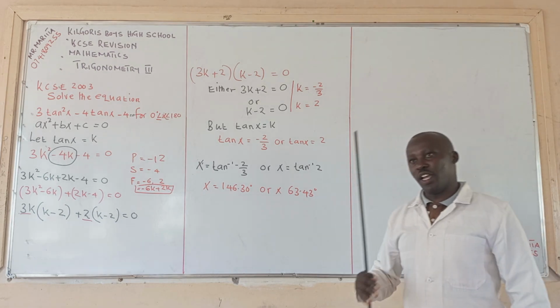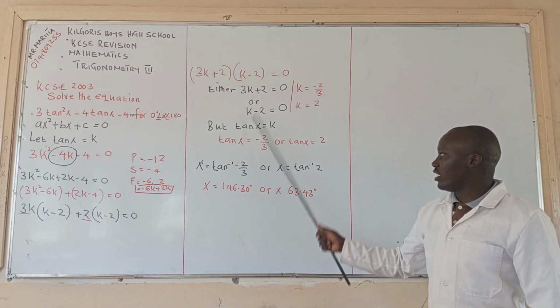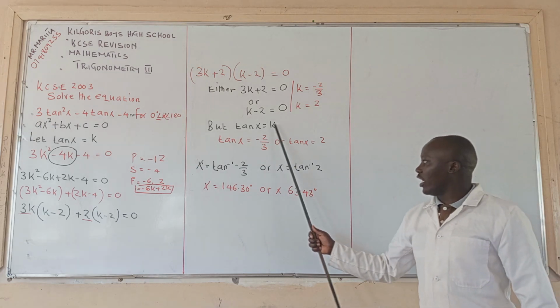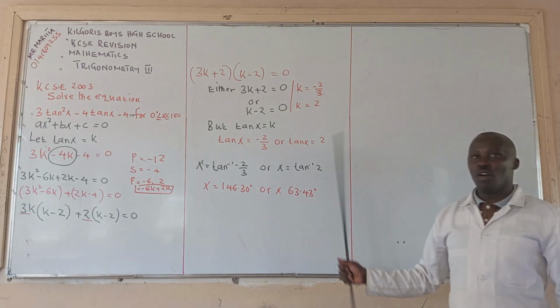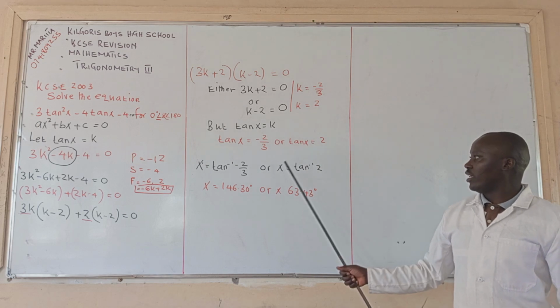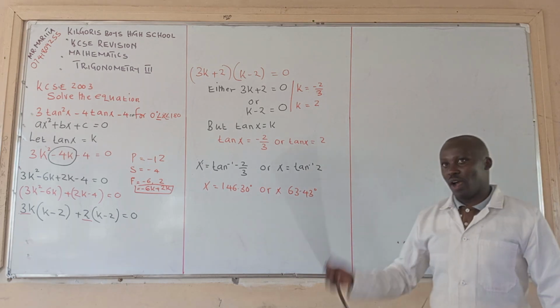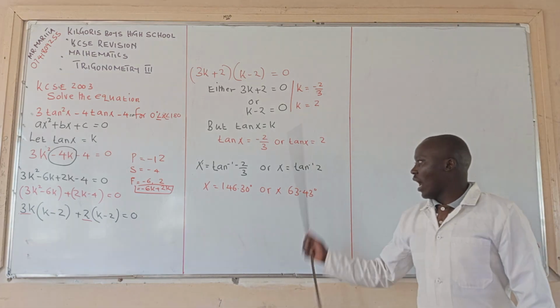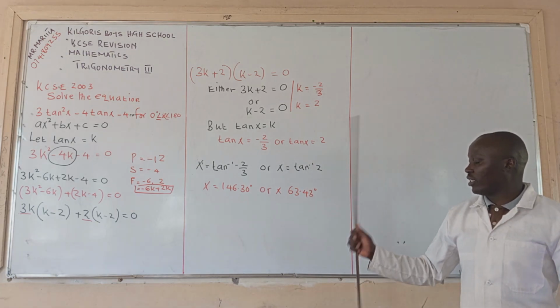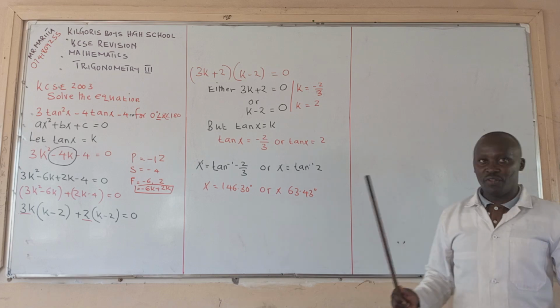After getting the value of k, you remember that tan x equals k. So either k is negative 2 over 3, or k is 2. Then you find the tan inverse on both sides. You have the value of x is 146.3 degrees, or x is 63.43 degrees.